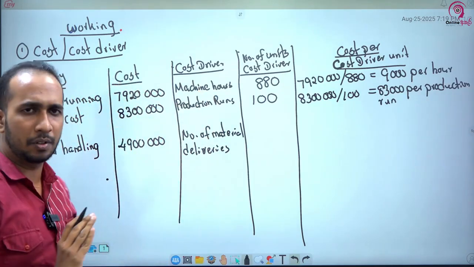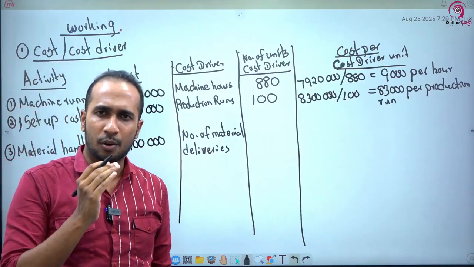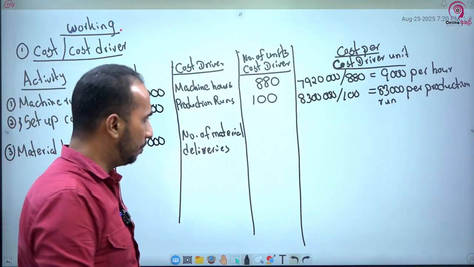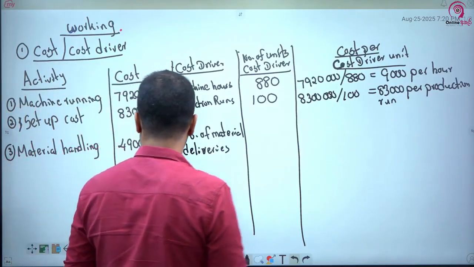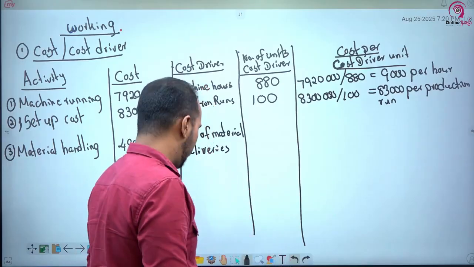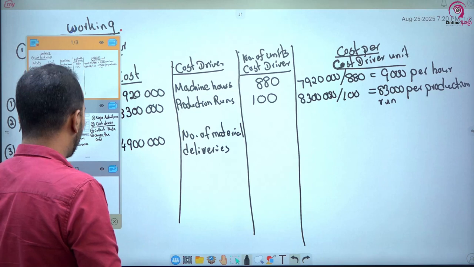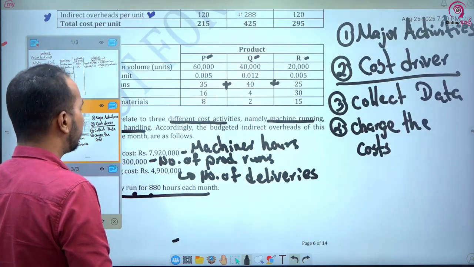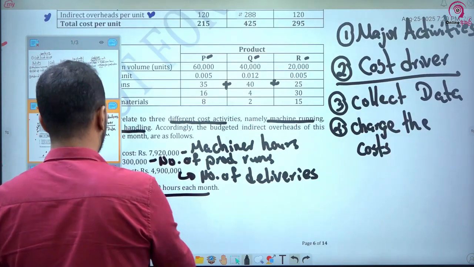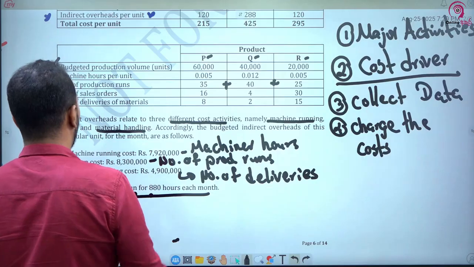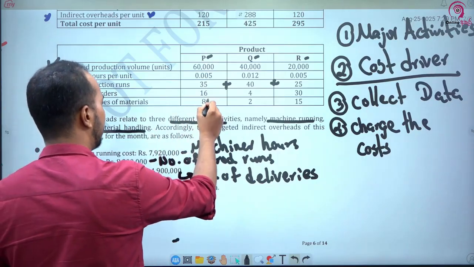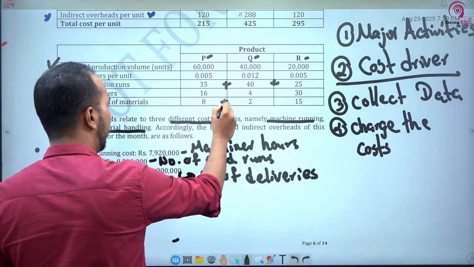It is utmost important. You have to identify the cost driver properly. So number of material deliveries is the cost driver, and how many material deliveries are there? For product P it is 8.